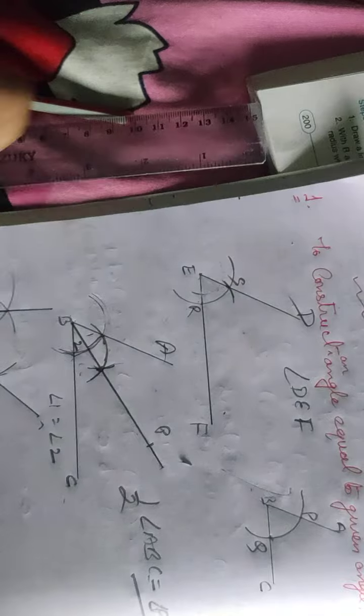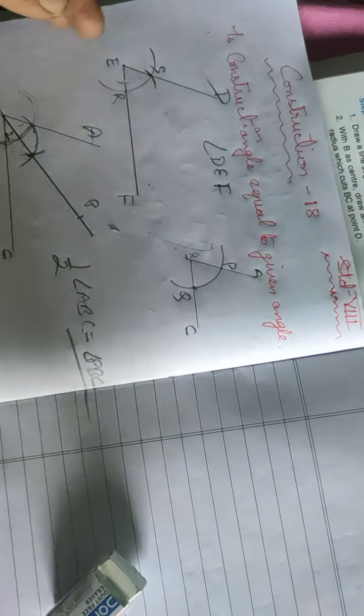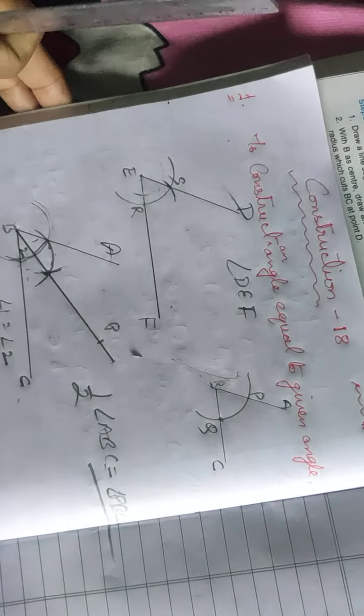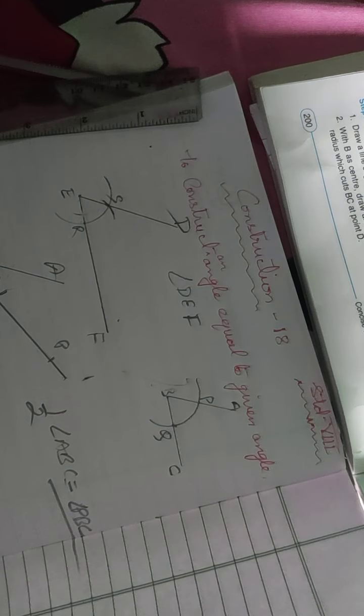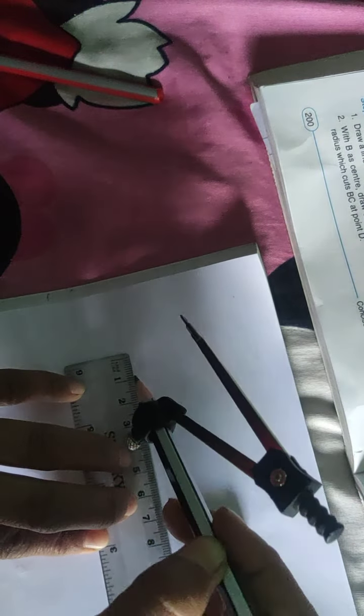Now see here how to draw 60 degree and 30 degree. 90, 45, got it. Now 60 degree and 30 degree. Take a line segment, write down AB.